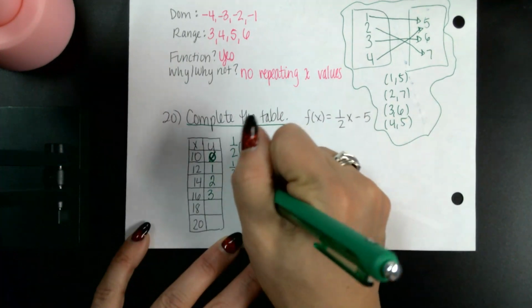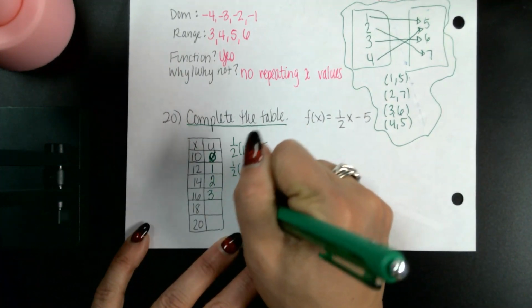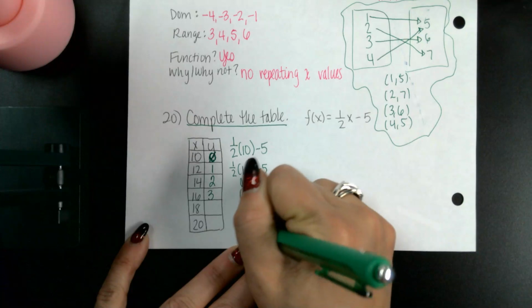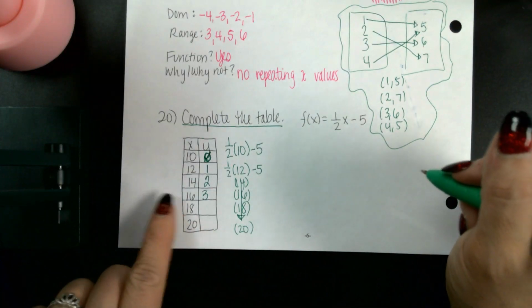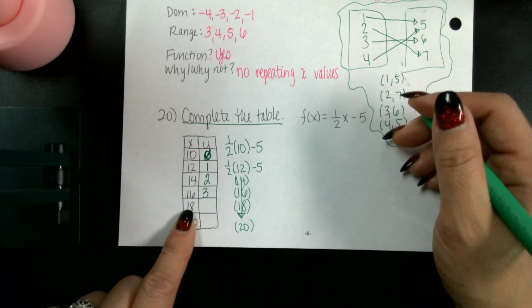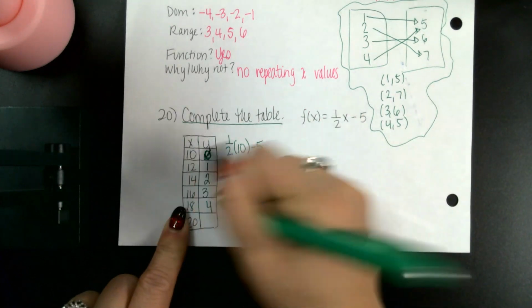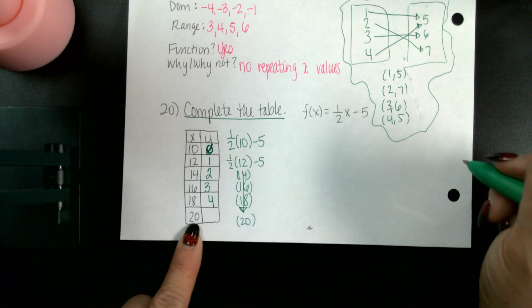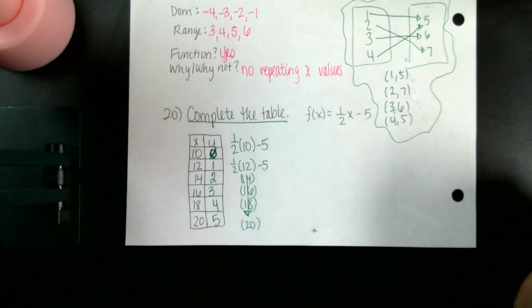You are just changing the x value every single time. Okay, so what's half of 18? 9, and 9 minus 5, 4. Half of 20 is 10. 10 minus 5 is 5.